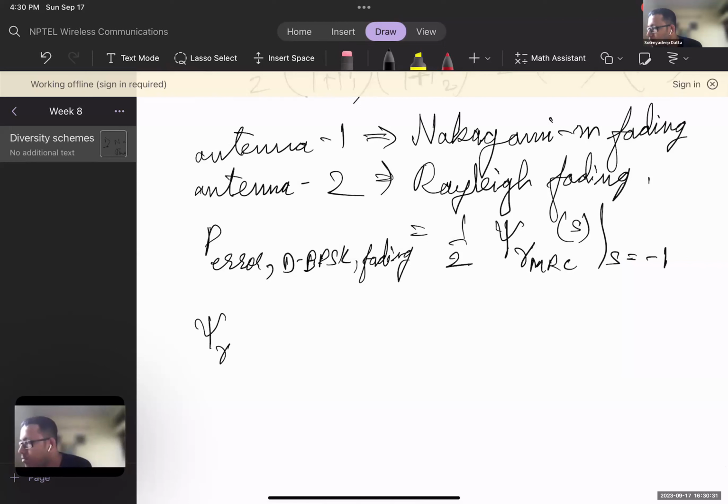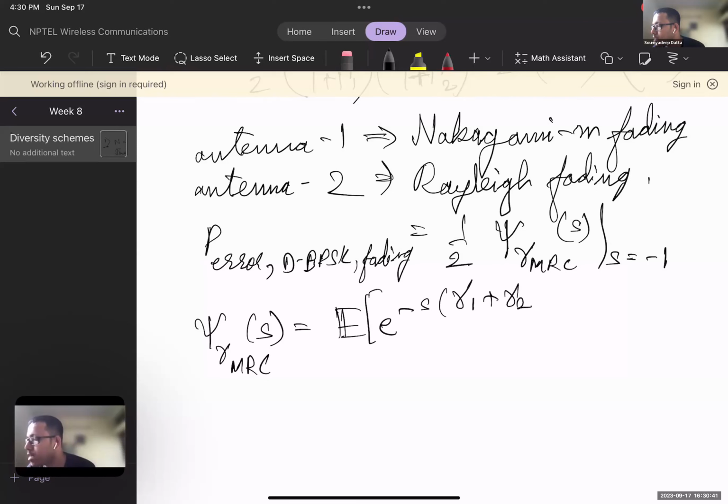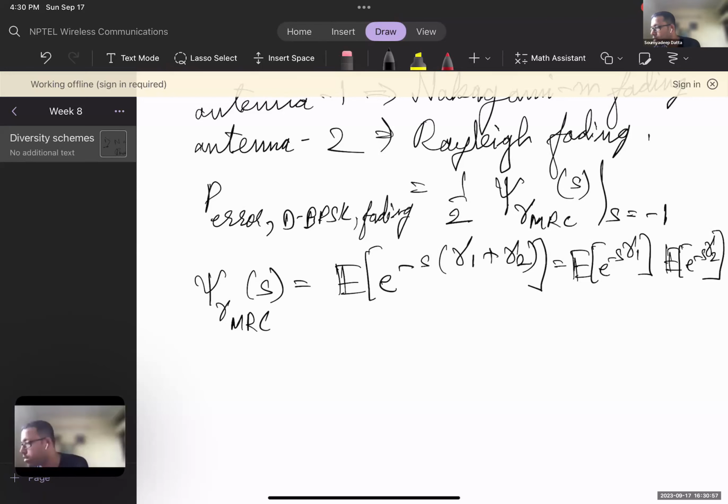So this logic still stays the same. Gamma MRC is equal to expectation of e to the power minus s times first antenna plus second antenna, and so it splits into two products, right? There's expectation of e to the power minus s gamma 1 times expectation of e to the power minus s gamma 2. Now, we know that this expectation is over the fading coefficient, right?